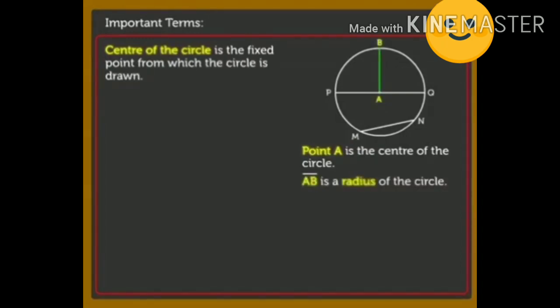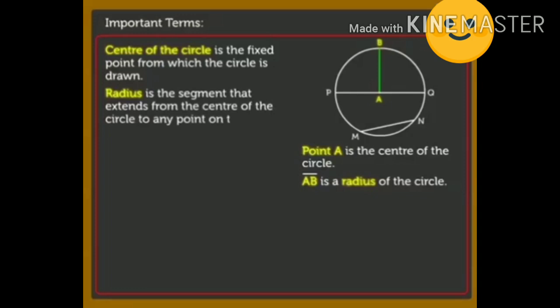Line segment AB is a radius of the circle. Radius is the segment that extends from the center of the circle to any point on the circle. Line segment PQ is a diameter of the circle.